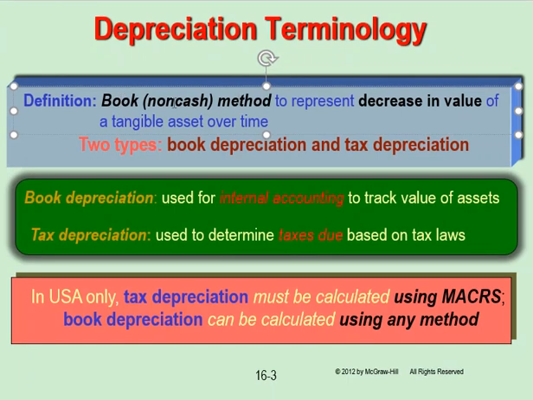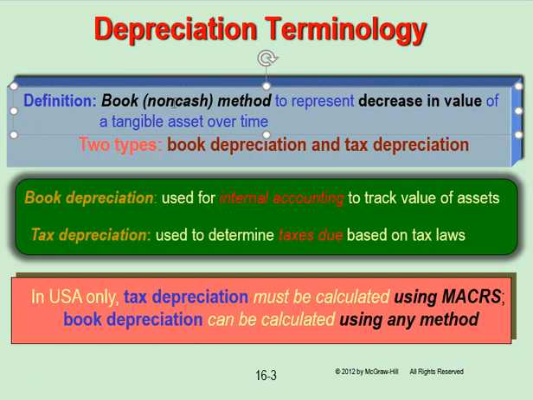I can utilize certain methods to represent the decrease in the value of any asset that I own, other than natural resources or real estate, like apartments or lands, okay?